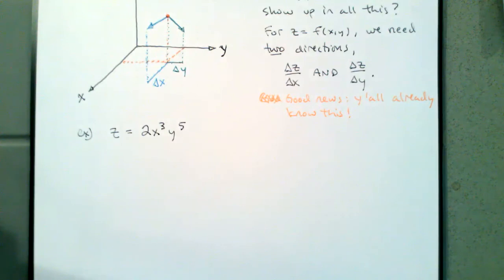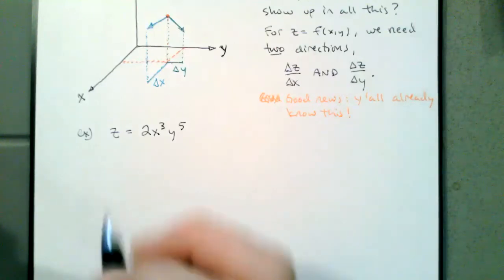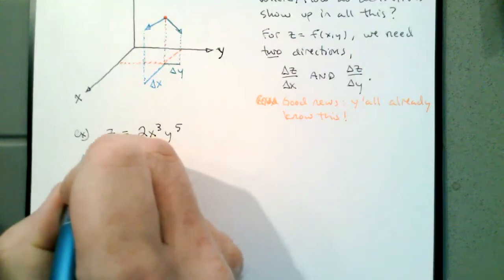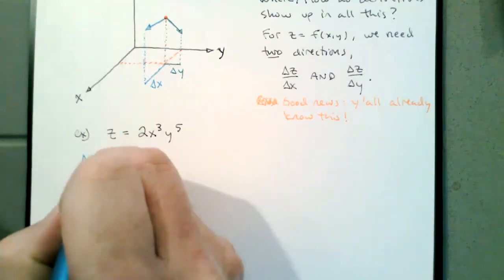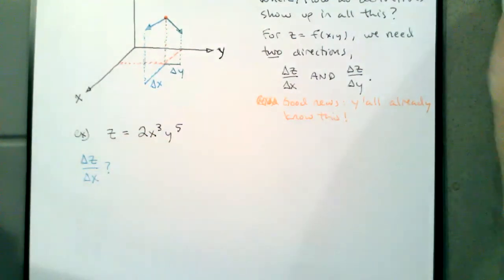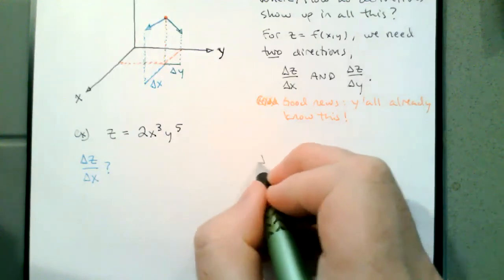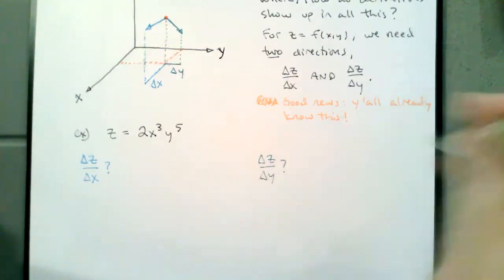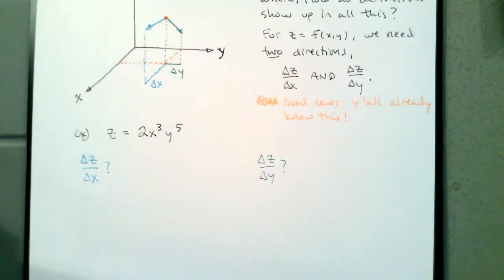I need two directions, a dz/dx and a dz/dy. How am I going to find my dz/dx? What's my change in z with respect to x? I called that m before. And we'll also need a dz/dy. What do you think my dz/dx should be?